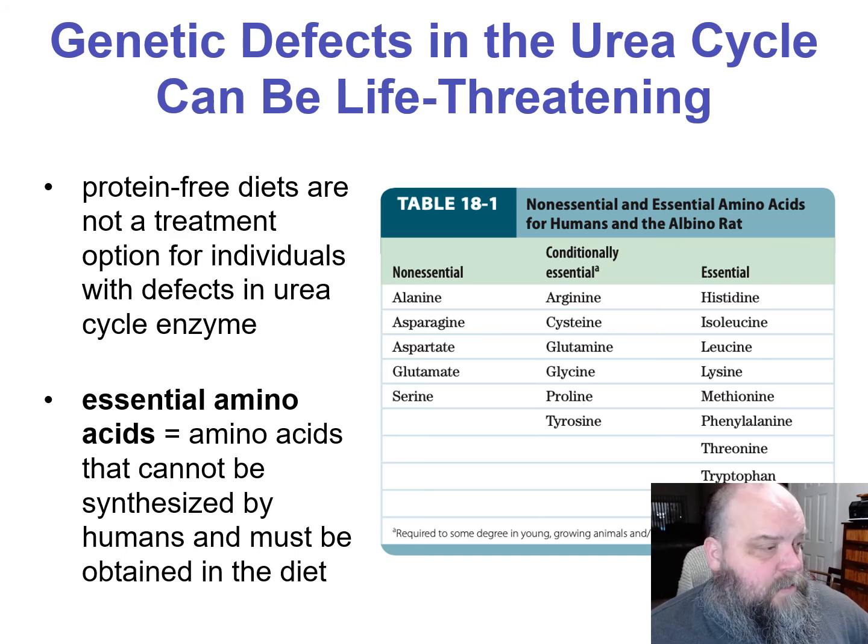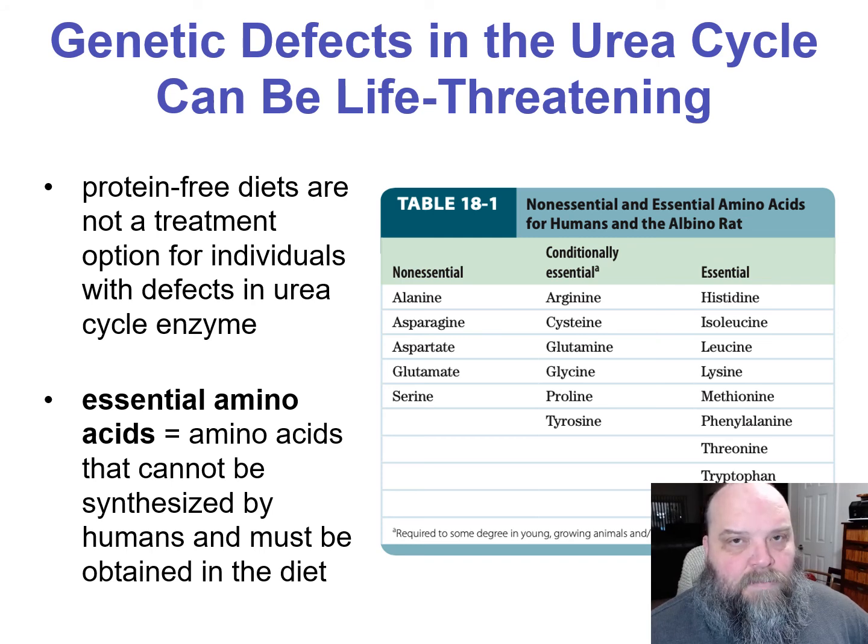Now, it turns out that from the catabolism of amino acids, you get a lot of ammonia. Well, the ammonia can be very detrimental. So as we see, you take the ammonia, turn it to urea, out with the waste.